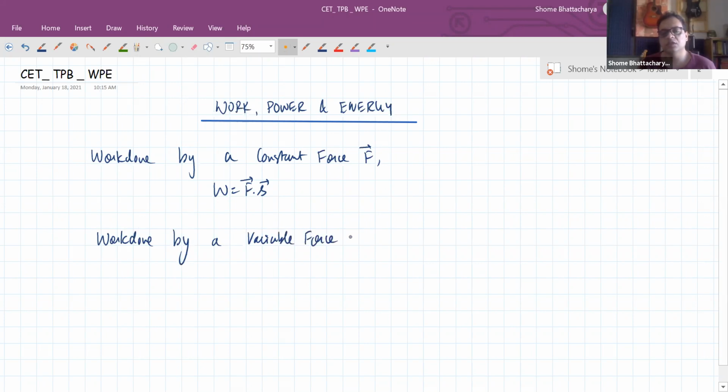If a force is changing either in magnitude or direction while the displacement is happening, it is called a variable force.